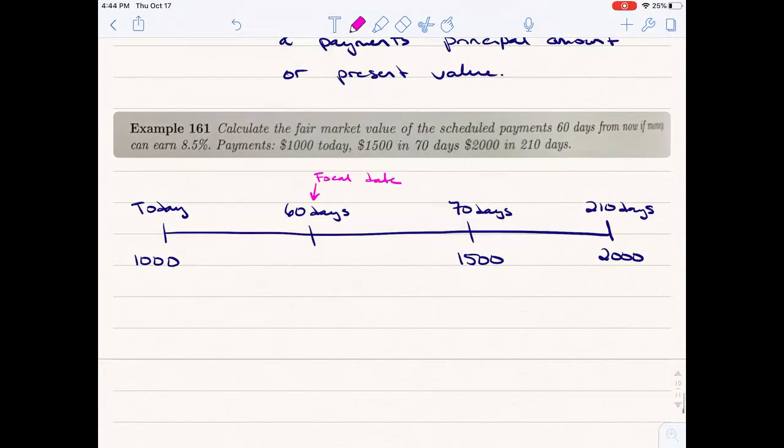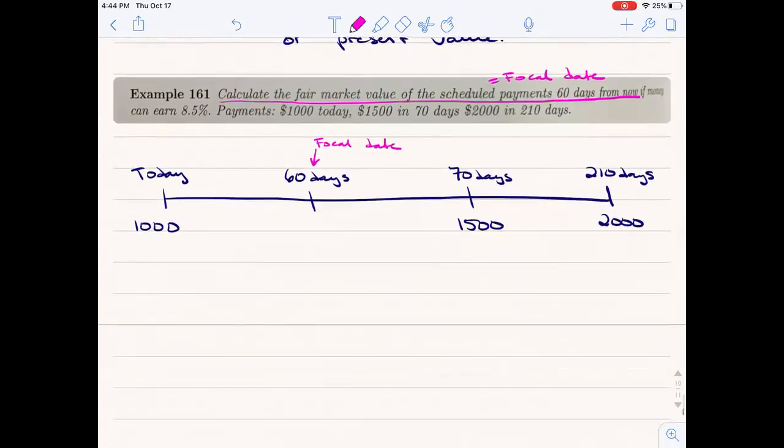So calculate the fair market value of the scheduled payments 60 days from now. This is the focal date. Remember, that's where all our payments get drawn to. And so we want to know how much all these payments are worth at 60 days.